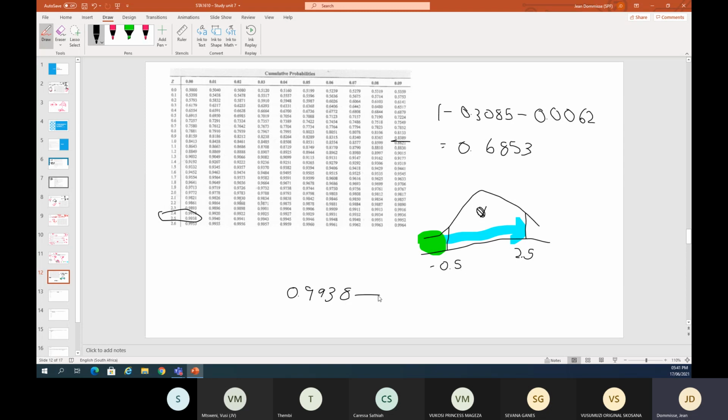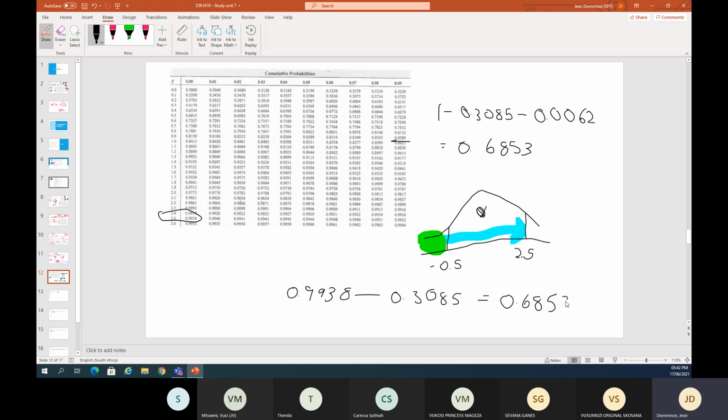So we just subtract the 0.3085, and then we are supposed to get to the same number as well, 0.6853.